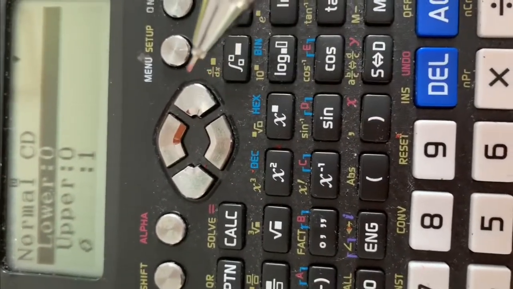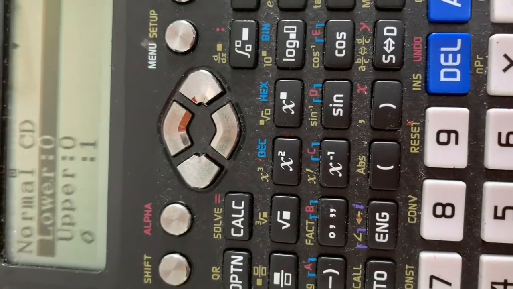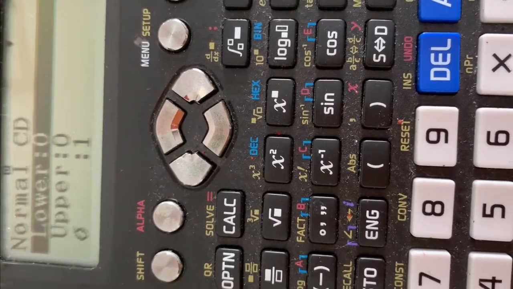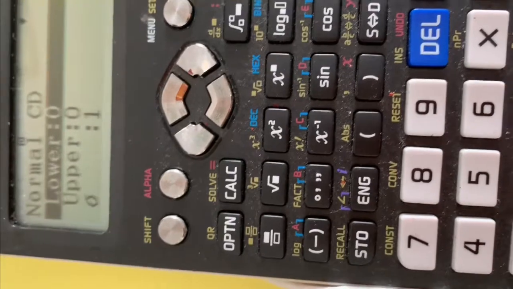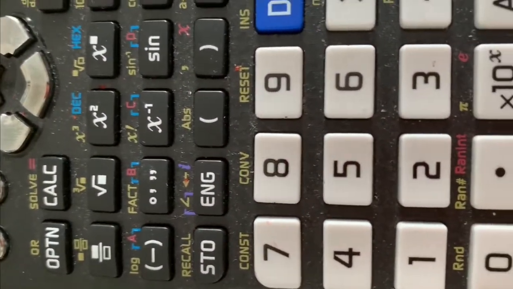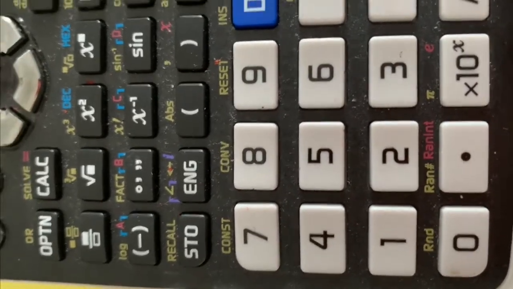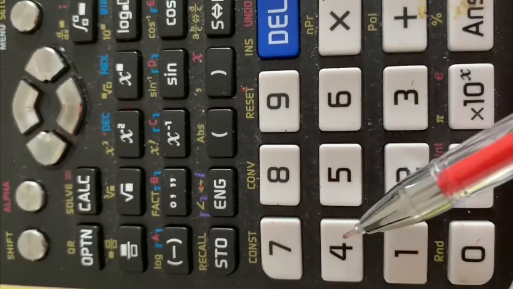Now you have to key in your lower limit and upper limit. The lower depends on the shading of the bell shape, so the bell shape is still very important. If you start with a smaller value, then the lower will be the smaller value and the upper will be the bigger value.